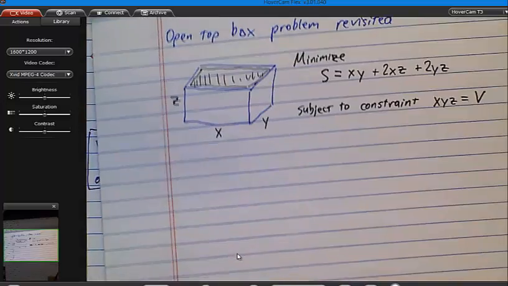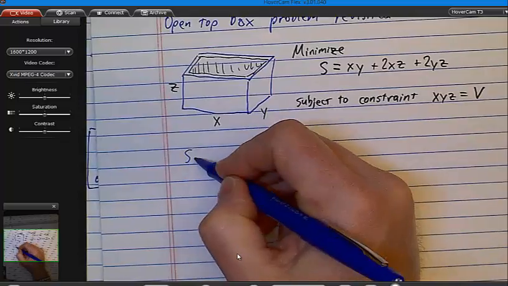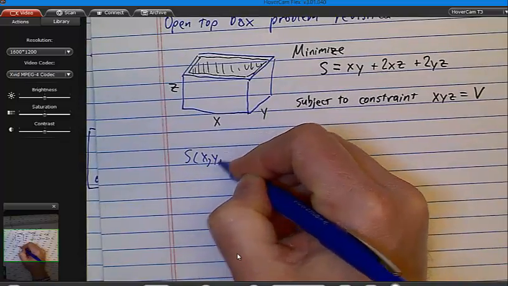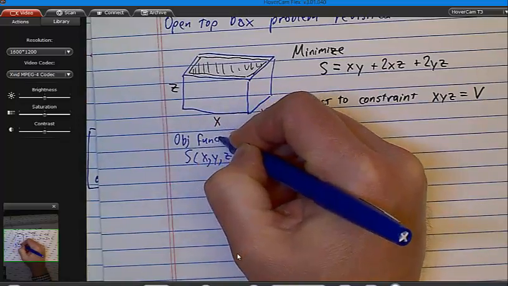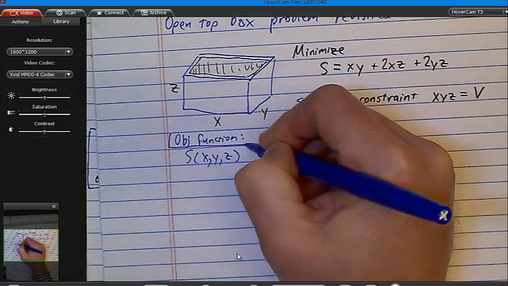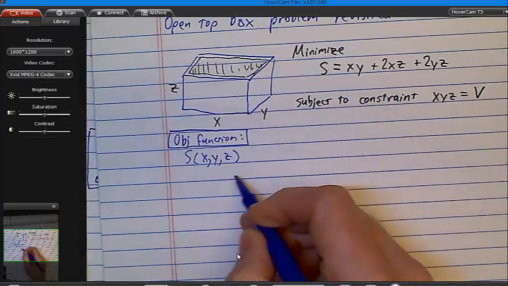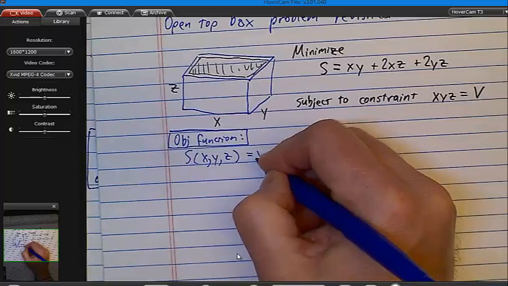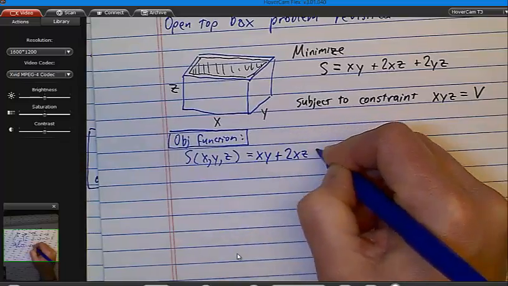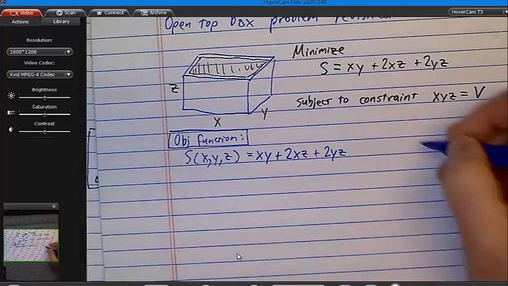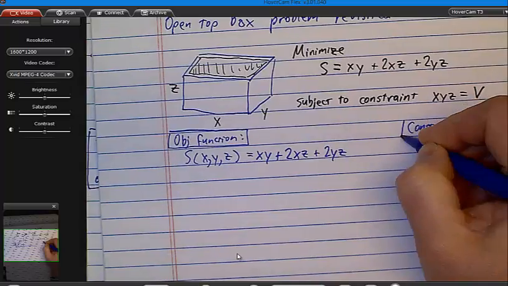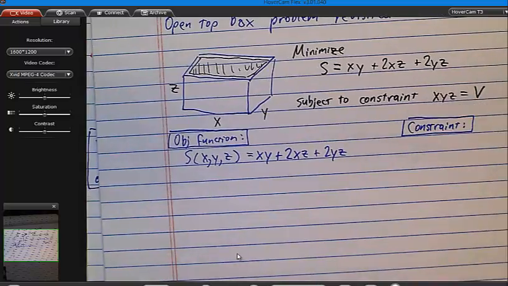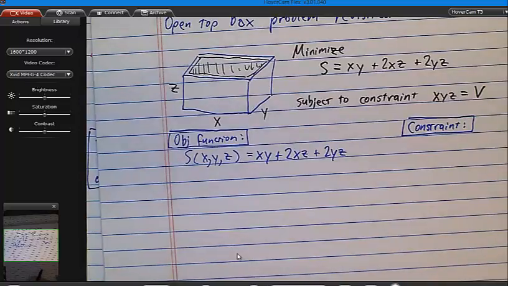So again, I have S of x, y, z, that's the objective function. S of x, y, z is equal to xy plus 2xz plus 2yz. But when you talk about the constraint, if you're going to do a Lagrange multiplier problem, the constraint must be set equal to what? 0. And I don't have that here.